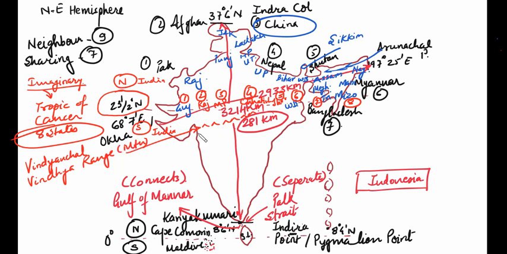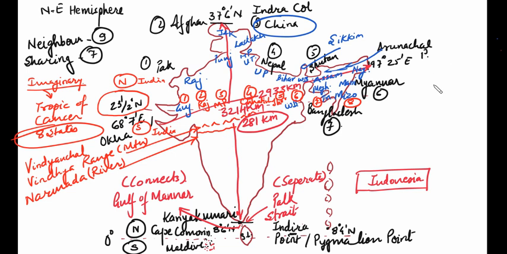Other than this, there is a river, Narmada river, which also makes a boundary between North India and South India.